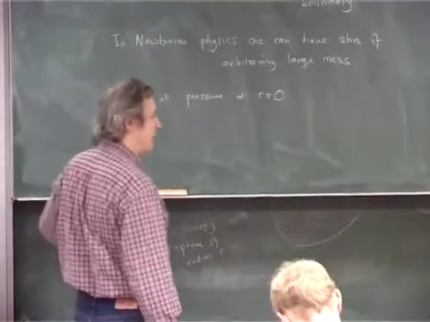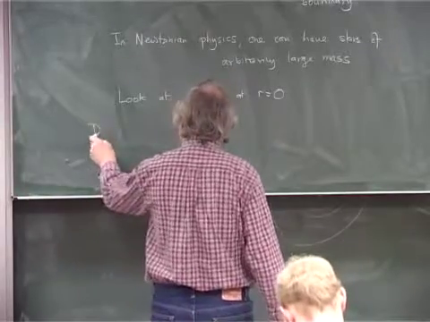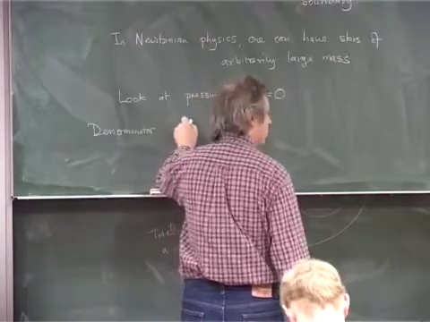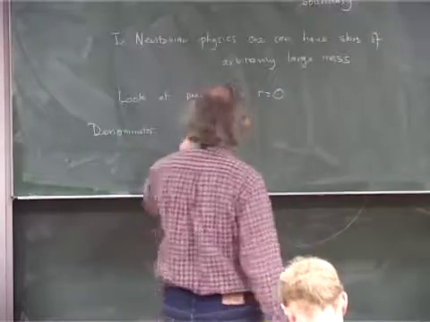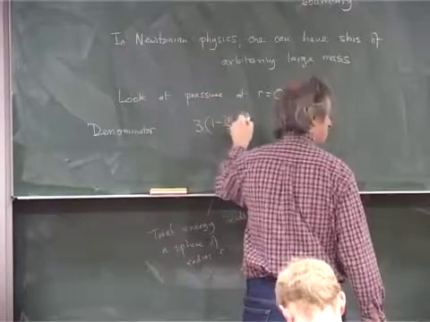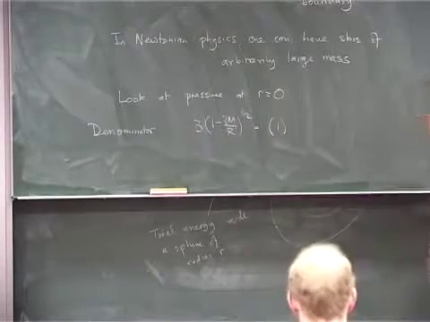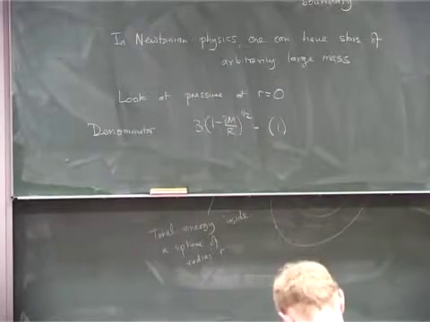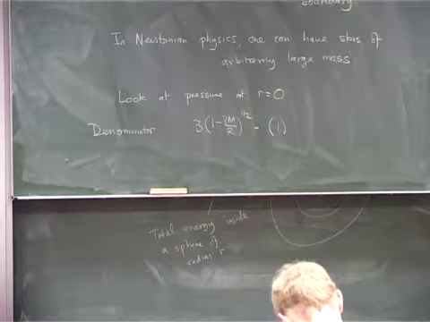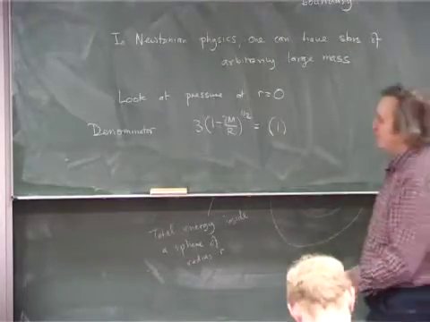There you will see that the denominator looks like 3 into (1 minus 2m over r)^(1/2) minus 1. This had better not be equal to 0. And you can see, of course, it is equal to 0 if this is true. So that would mean that it vanishes.